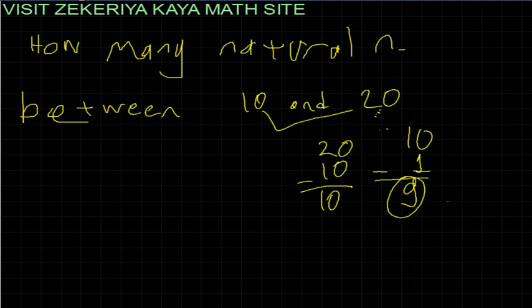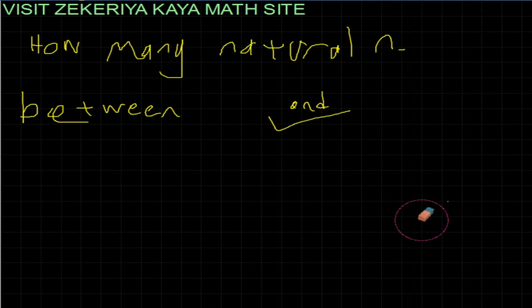Let's clean it here. Now, for the new member of us, number 6, you tell us how many numbers are there between 15 and 29.